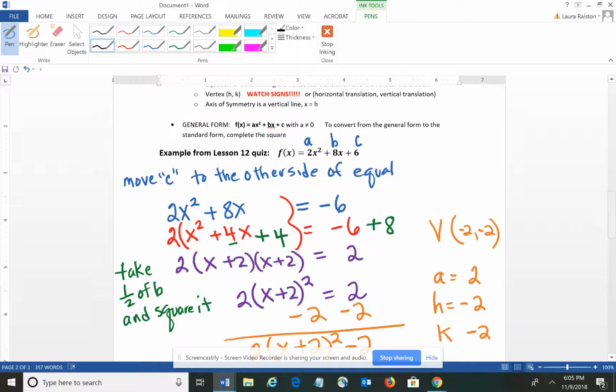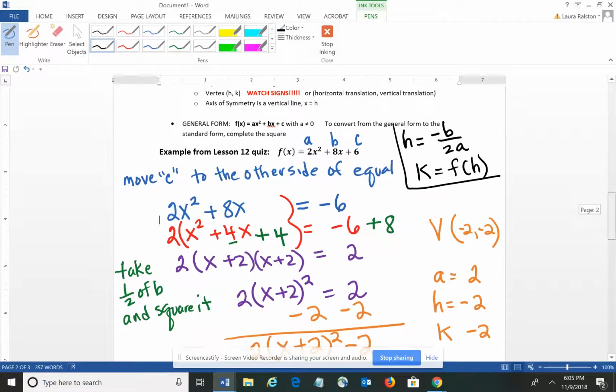If I weren't asked to convert it to the vertex form or the standard form, we could find the vertex simply by using the formula. The h coordinate is the opposite of b over 2a, and the k is found by substituting h back into the problem. And I'll show you how to do that on some of the test review questions.